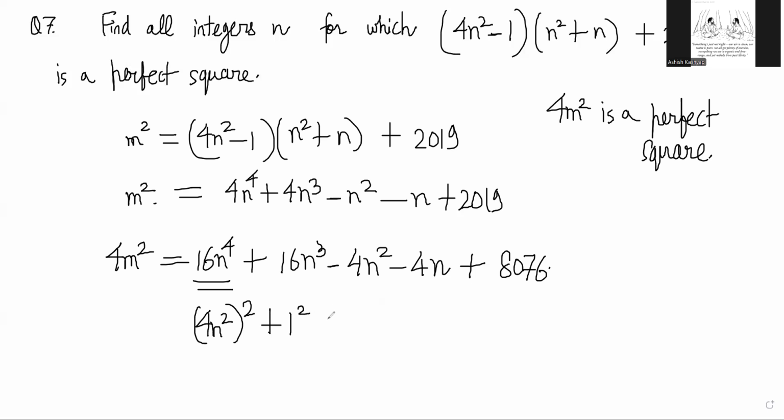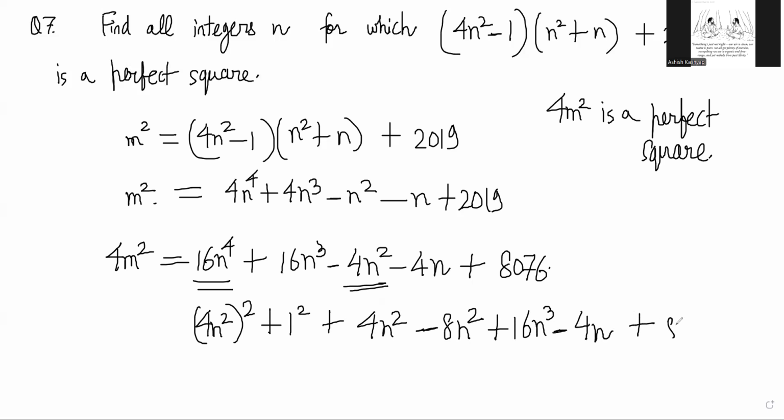And this minus 4n square is not good. I can do it as plus 4n square minus 8n square plus 16n cube minus 4n plus 8075. I'm splitting the 8076 here and I'm writing this and trying to make it a perfect square.